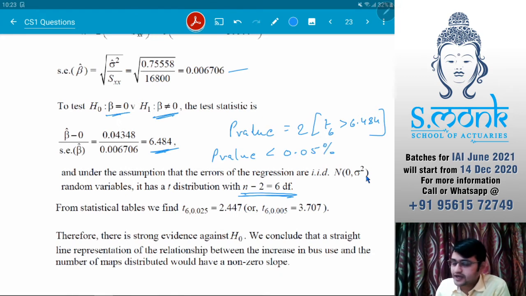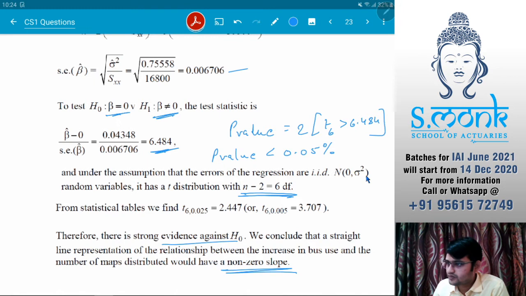So you'll say even at 0.05 we have enough evidence to reject our H0. Therefore our slope parameter is not 0, or beta is not equal to 0. So there is strong evidence against H0. We conclude that a straight line representation of the relationship between increase in bus use and number of maps distributed will have non-zero slope.